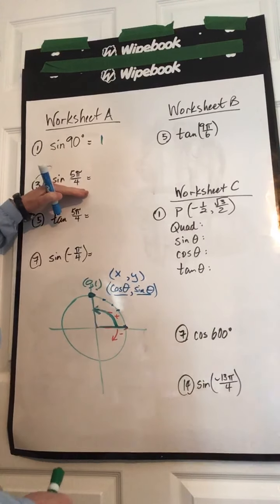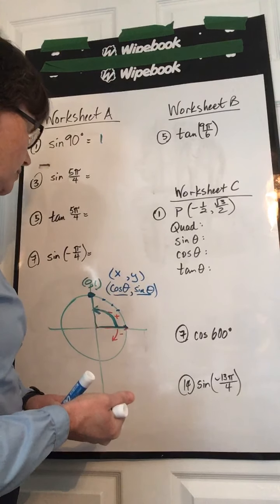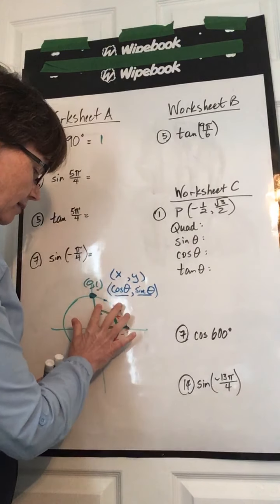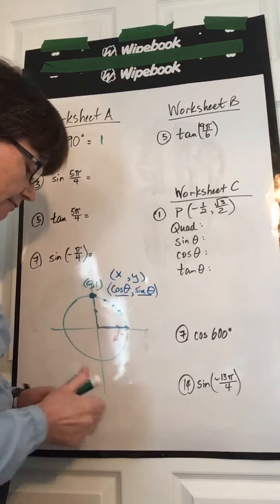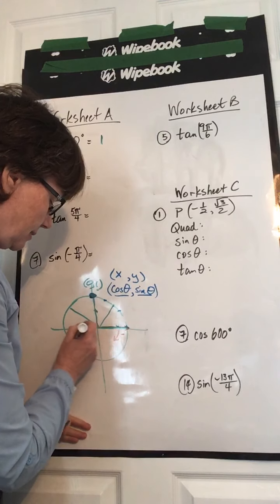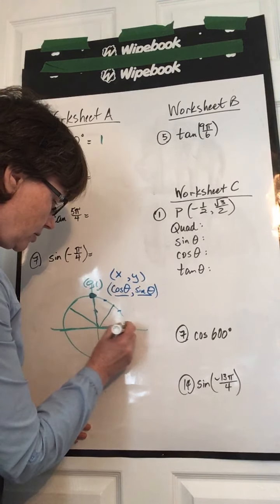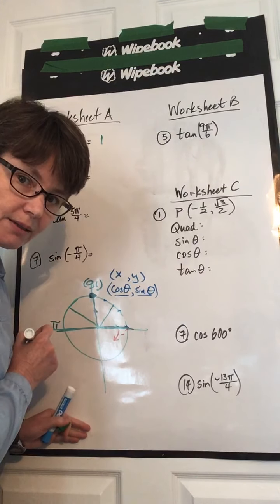All right, sine of 5 pi over 4. So looking at 5 pi over 4, we need to be able to find that place on our unit circle. So pi over 4, remember, means we are dividing half of your circle, which is pi over here, into 4 equal parts to be pi over 4.